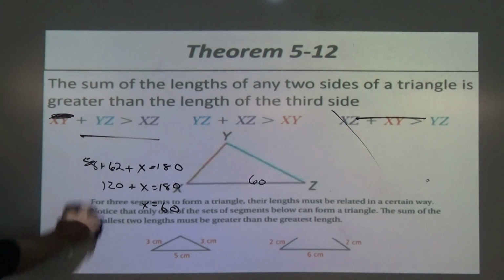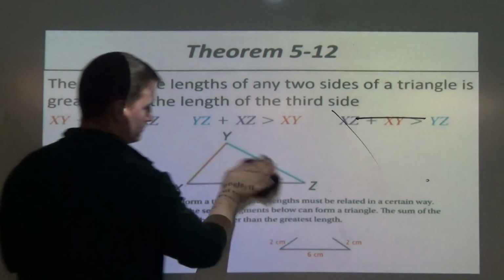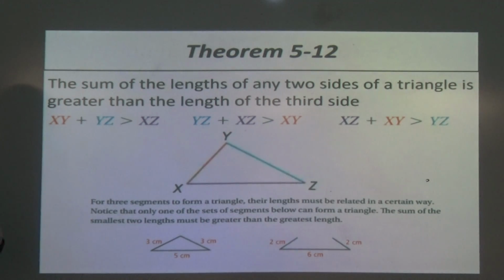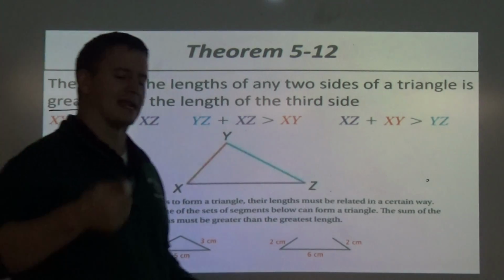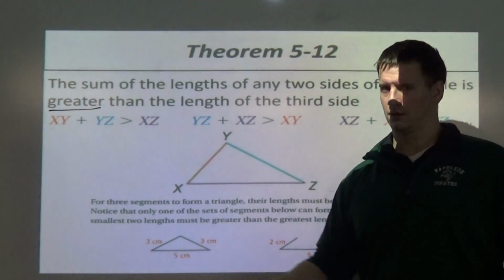Okay, theorem 5.12. The sum of the lengths of any two sides of a triangle is greater than the length of the third side. Please note that it says greater than, not equal to. So it can't be equal, it's got to be more than.